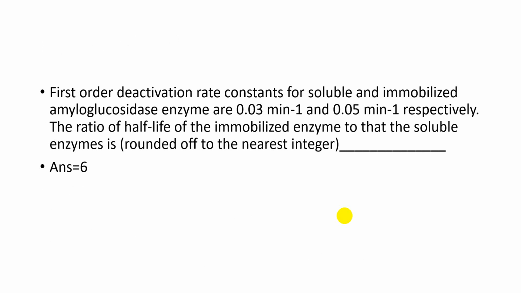The soluble enzyme has a rate constant of 0.03 per minute and the immobilized enzyme has 0.05 per minute respectively. The ratio of the half-life of the immobilized enzyme to that of the soluble enzyme is, so the answer is 6.